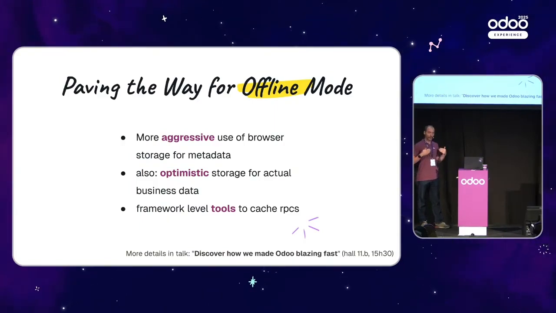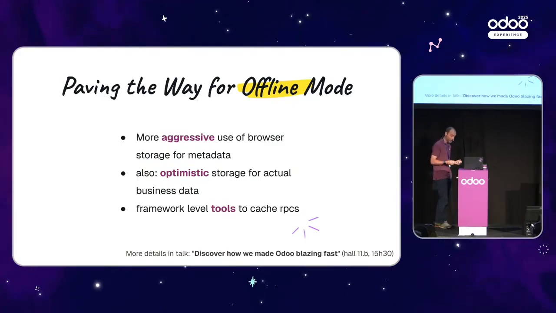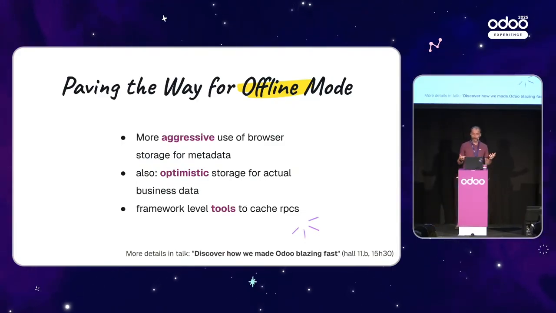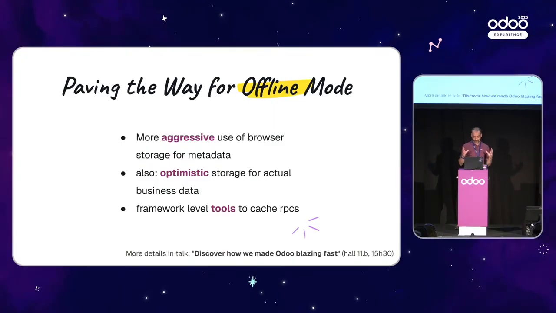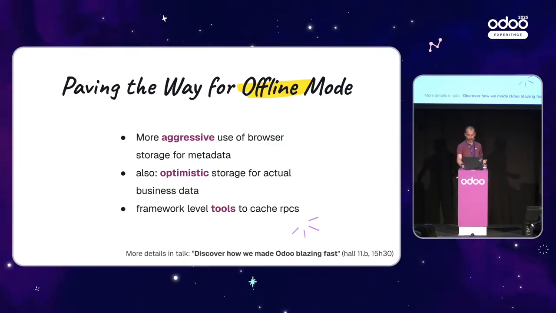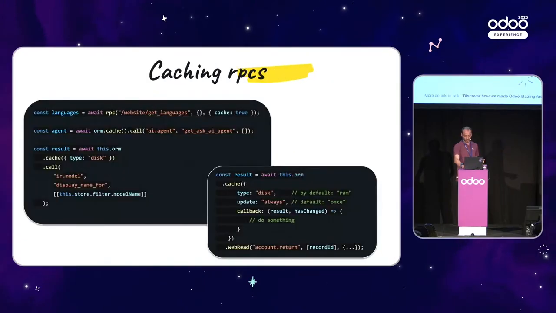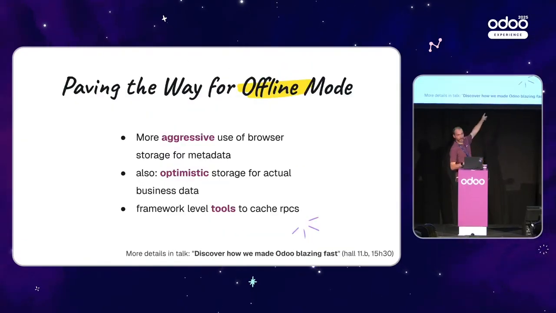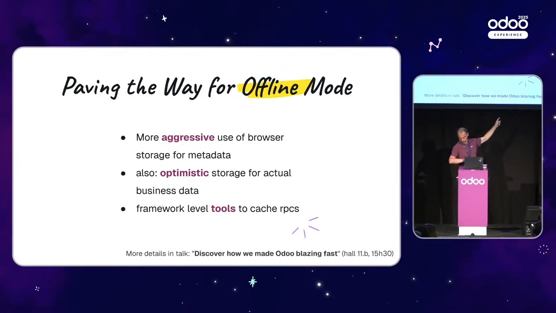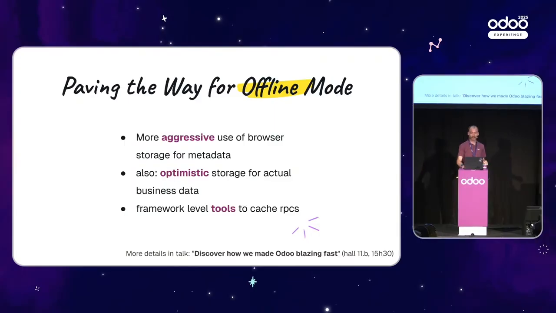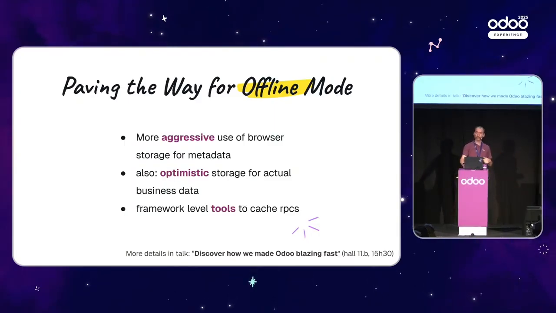So this is the first year where we added this feature, this mode. The idea is that we want to use the browser storage and to do optimistic rendering. Let me show you. Oh, yeah, there is a talk about this also in 1 hour or in 2 hours. So you can look at this talk as well for more details.